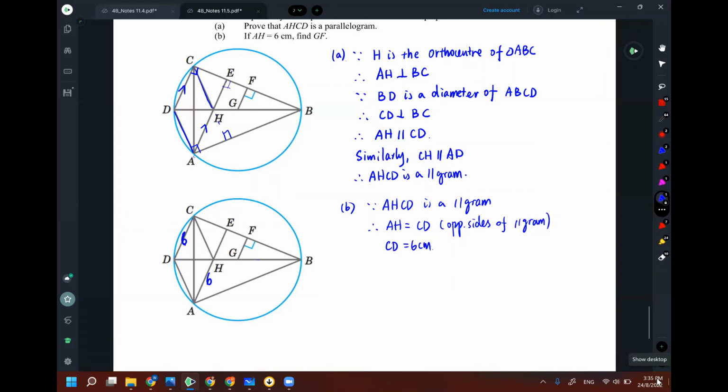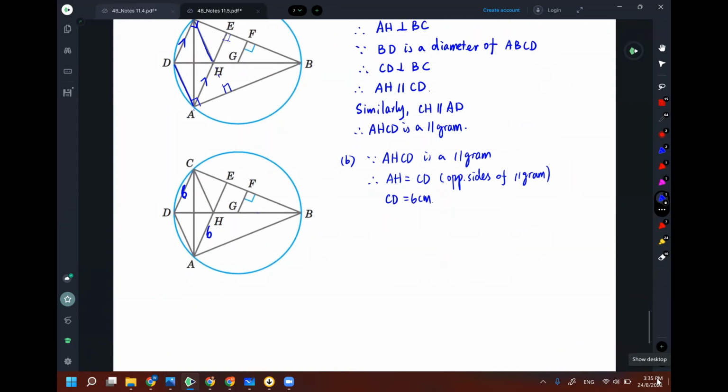Okay. Second, in triangle CDB, because G is the midpoint of BD, again, I'm using it's the center. G is the center, so I'm just using it directly. I'm not even mentioning how I get it. Technically you can mention why you think G is the midpoint, but I think you can skip that. And how about F? Is F also the midpoint? I think so.